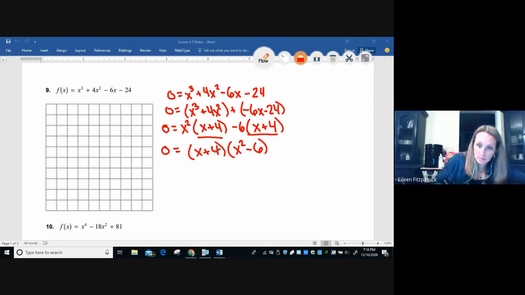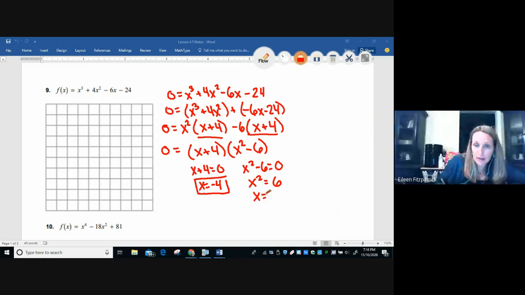No GCF, not a pattern. I'm done factoring. I set each factor equal to 0. I have x equals negative 4 as one x-intercept. Here I'm going to have x squared equals positive 6 when I add the 6. And then x equals plus or minus the square root of 6. All right.